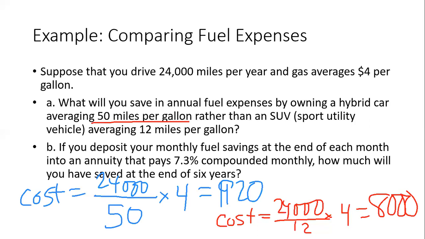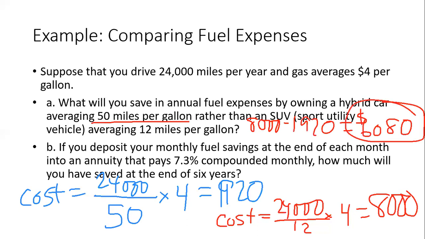You save 8,000 minus 1,920, which is 6,080. So you're going to save $6,000 in gas. It might be significantly cheaper to buy that hybrid, even if the hybrid costs a little bit more money than the SUV. You can offset that cost with the amount of money that you're saving on the gasoline.